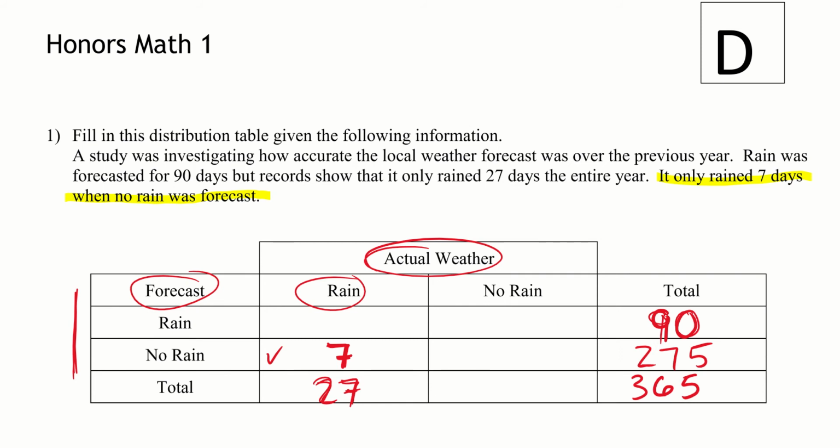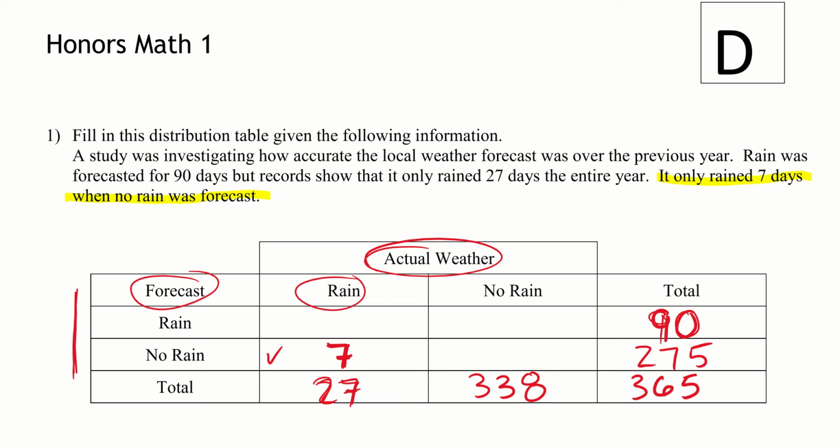And then actual weather, rain: if it rained 27 days and there's 365 days in a year, there's not a lot of rain there. It only rained for 27, and there was no rain for 338 days. Other things have to be true if these columns and rows need to add up.